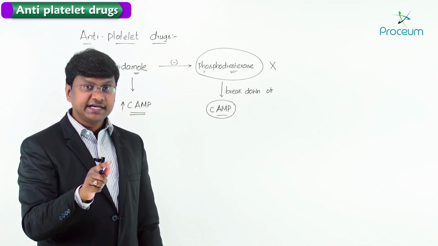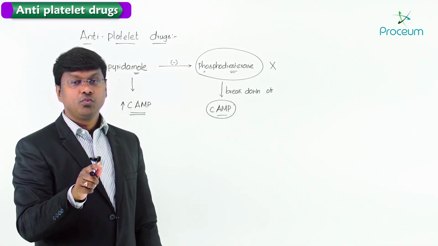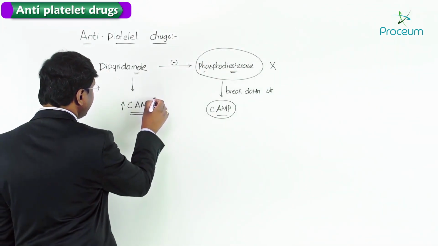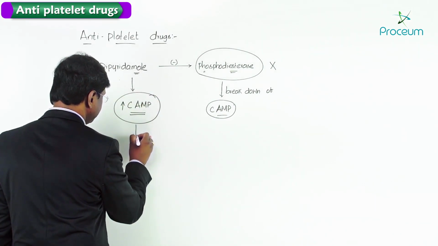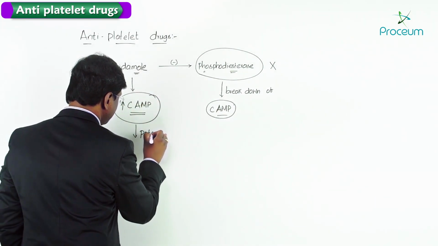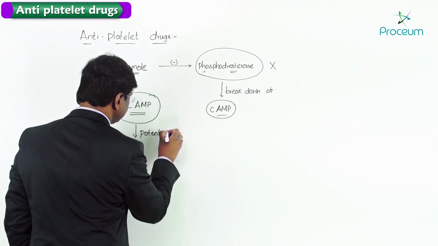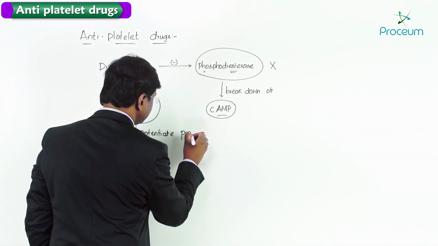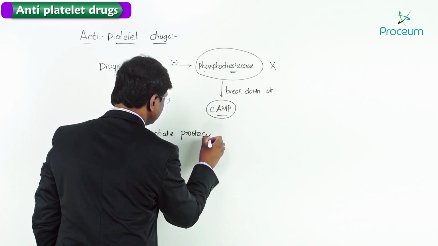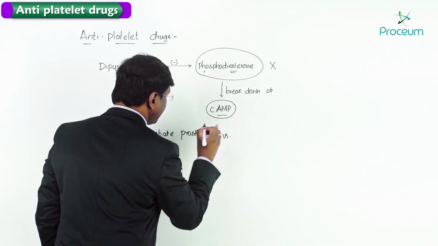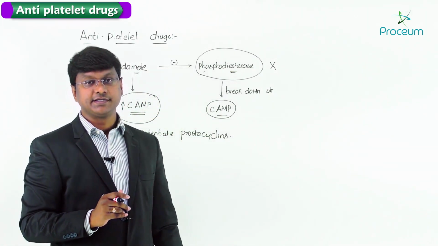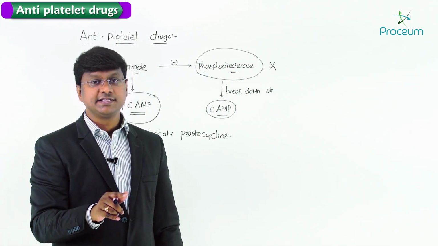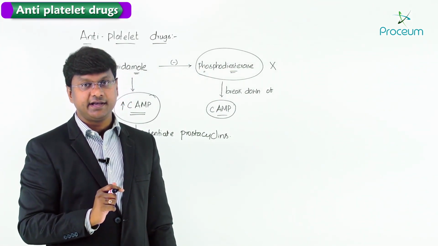Now, this increased cyclic AMP, what will it do? It will potentiate the prostacyclins, and these prostacyclins have an anti-aggregatory effect.